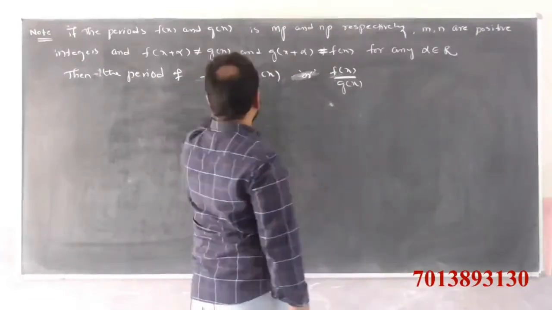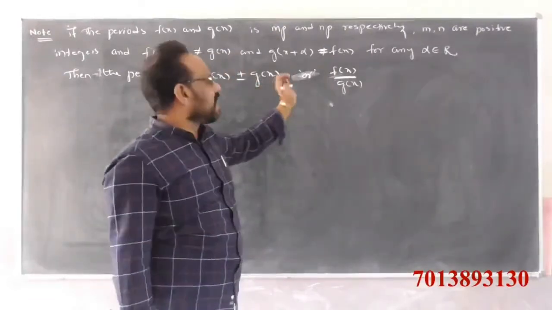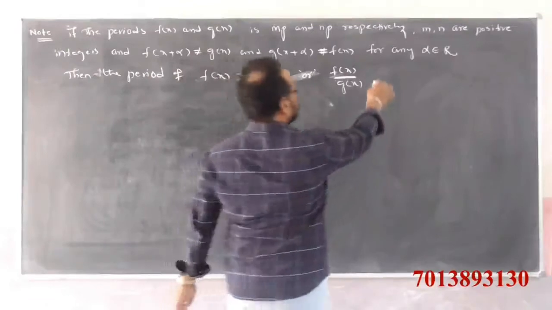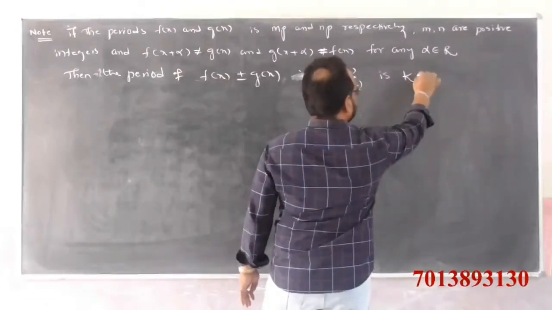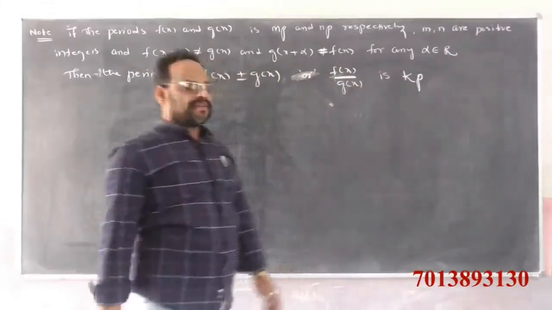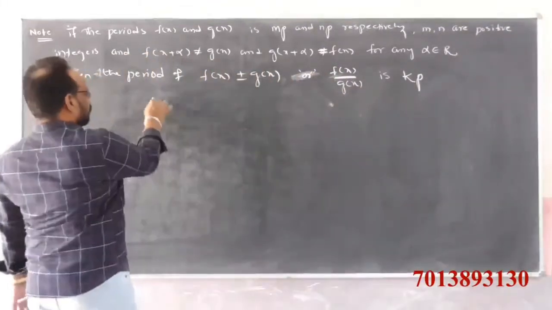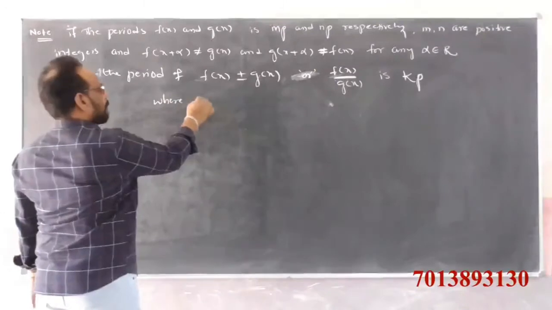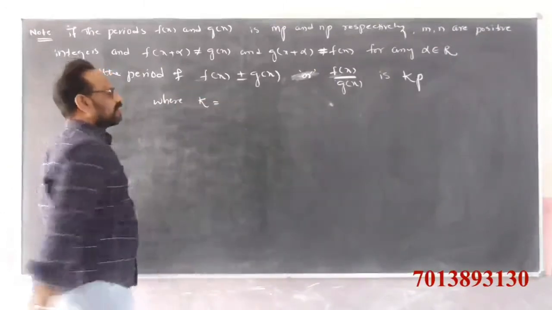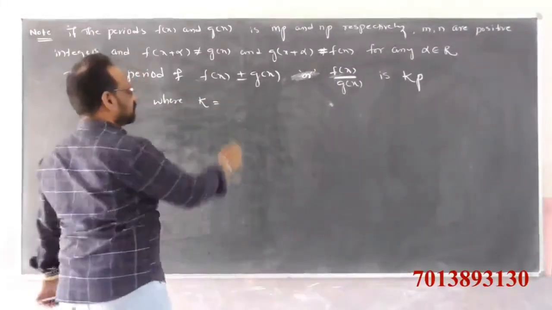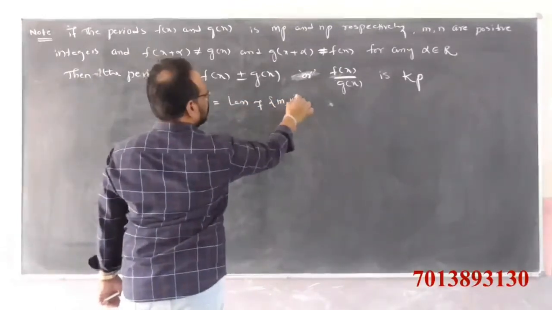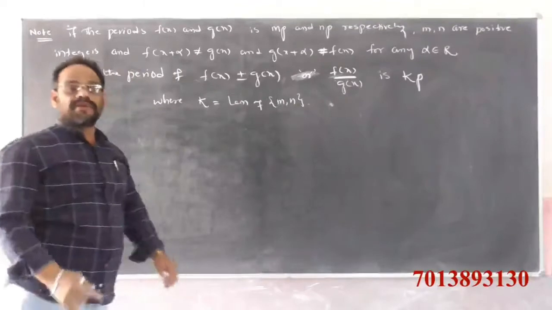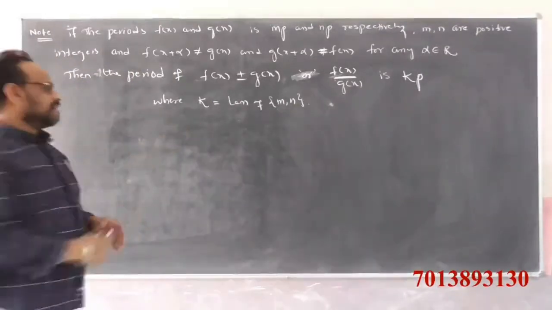The period of f of x plus or minus g of x, or f of x by g of x, clearly is some k times t, where k is equal to, what is the value of k? K is equal to the LCM of m and n.